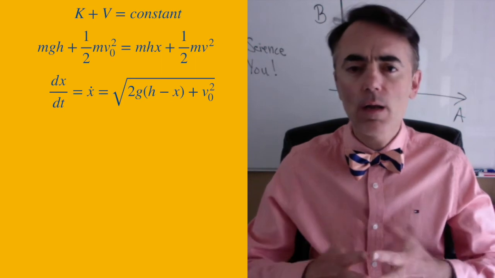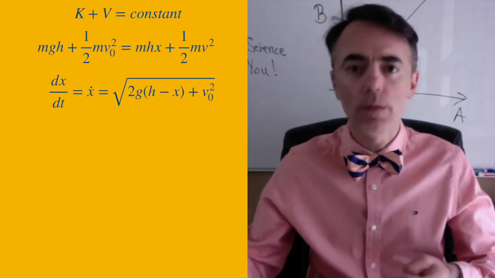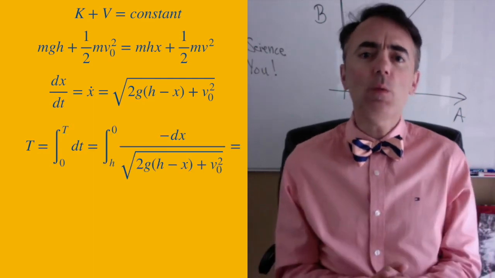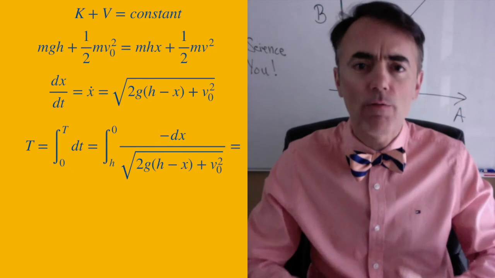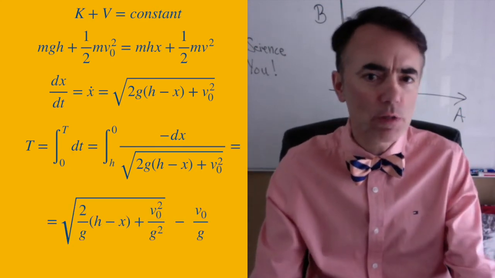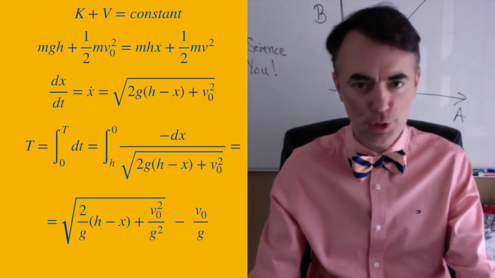Well, this is another differential equation, as the velocity v is x dot, the derivative of x with respect to time. If we integrate this equation, we get the time of flight of the baseball: the square root of 2 over g (h minus x) plus v naught squared over g squared, minus v naught over g.